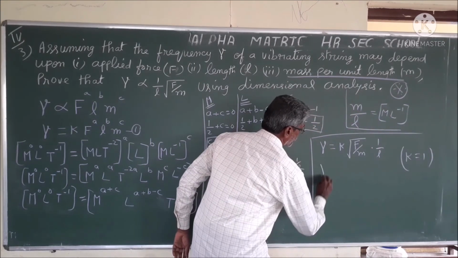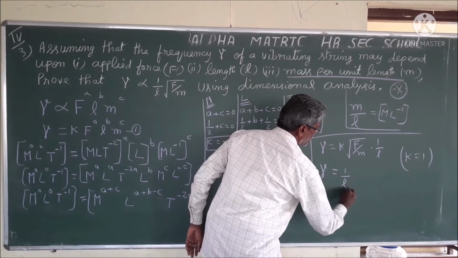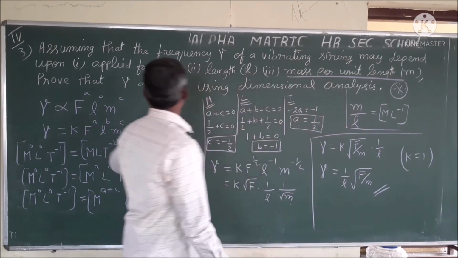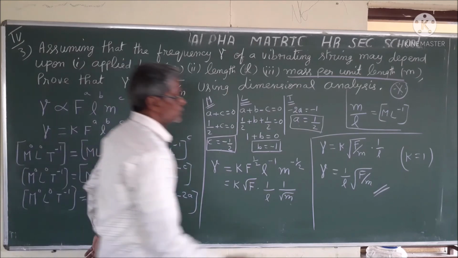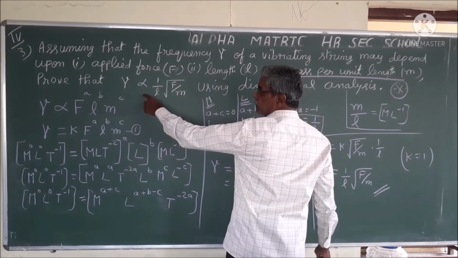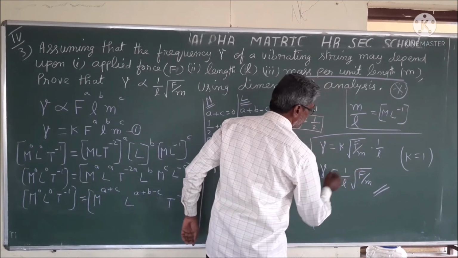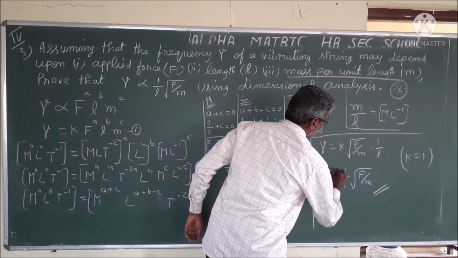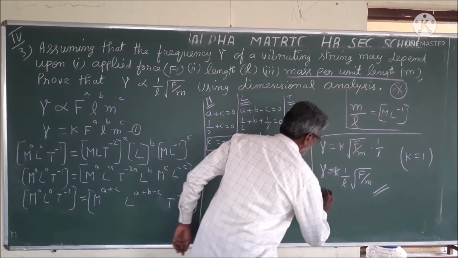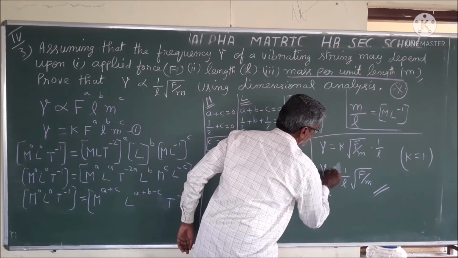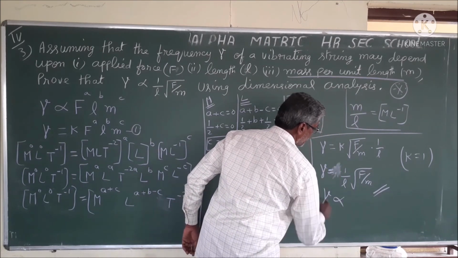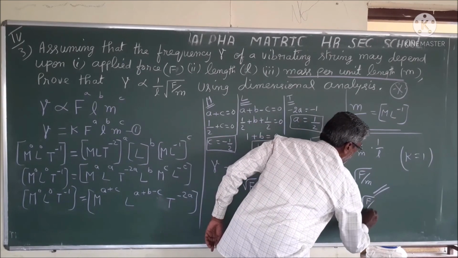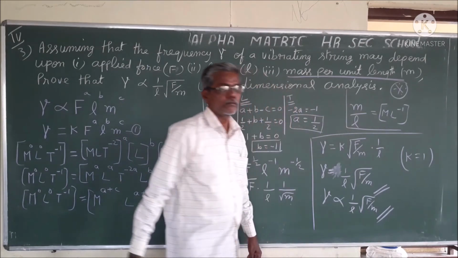Therefore, frequency is equal to 1 by L square root of F by M. If I take the proportionality, I can write that frequency is proportional to 1 by L square root of F by M.